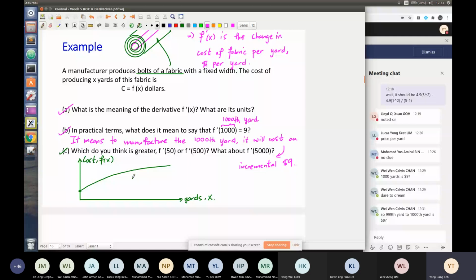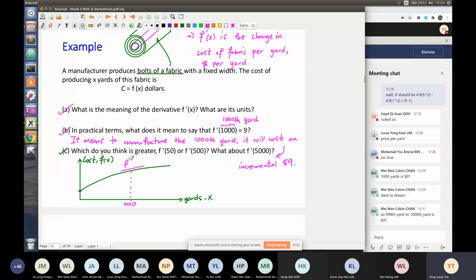At this 1,000 yard, this is your slope. Let me just draw it a bit more nicely. So this tangent slope, the gradient, is actually 9. So this is f of x, and the slope of this tangent line, f prime at 1,000, is actually 9.